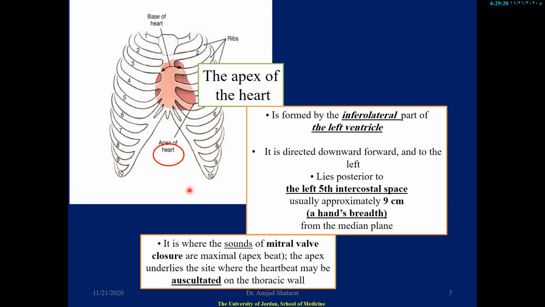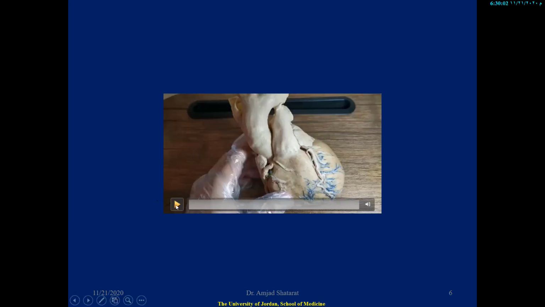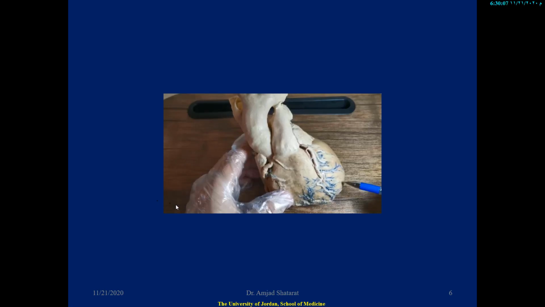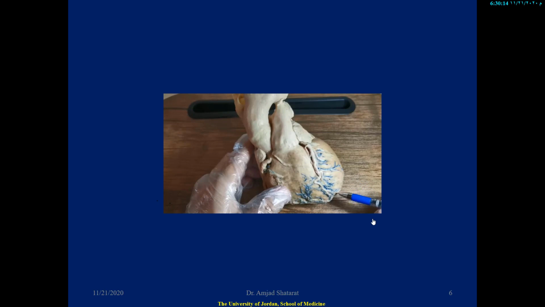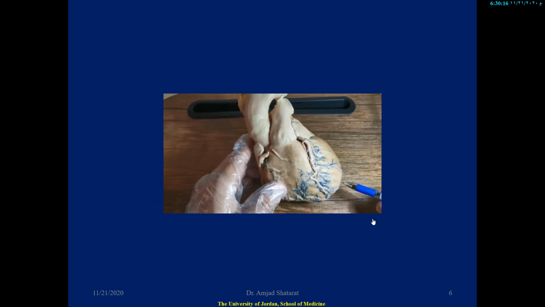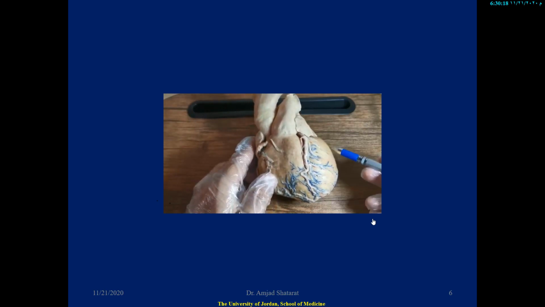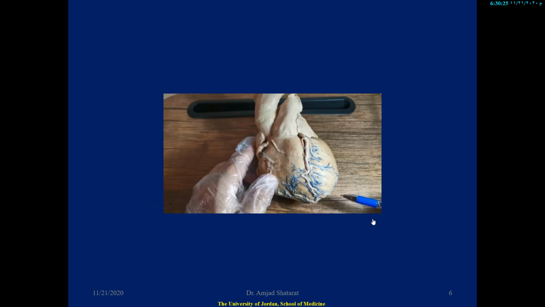Now let's talk about the apex of the heart. It is formed by the inferolateral part of the left ventricle. This is the left ventricle, and the apex is made out of the inferolateral part of the left ventricle.